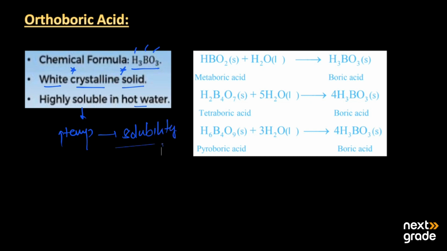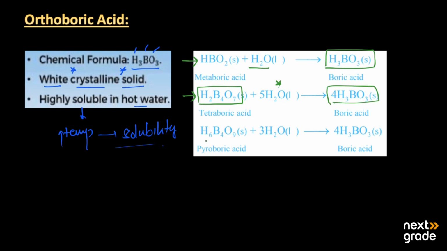Here we have some transitions of the three acids. First, metaboric acid, when added into solution or water, changes into orthoboric acid. Then the second type, tetraboric acid, H2B4O7, by adding water changes into orthoboric acid.